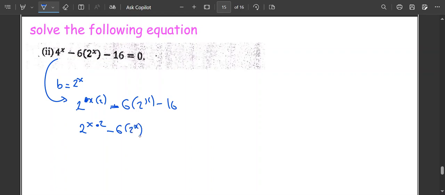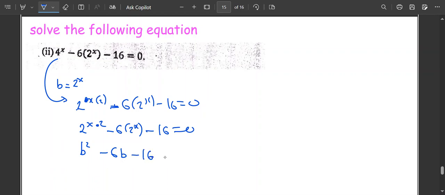They have already simplified at this point for the values of b. So what I'm going to do here is let b equal this one. So this is now b squared minus 6, wherever there's 2 to the power x I'm saying it is b, then minus 16.